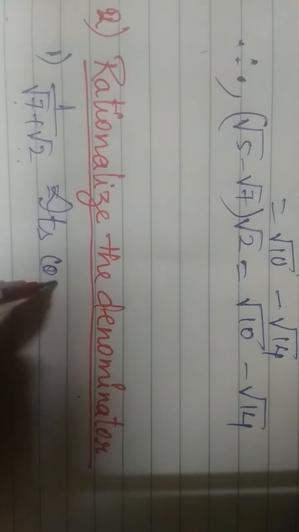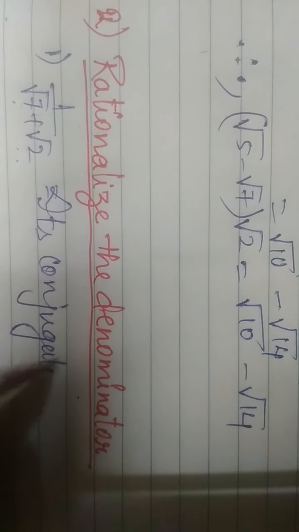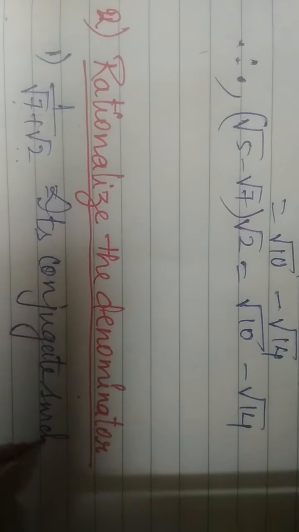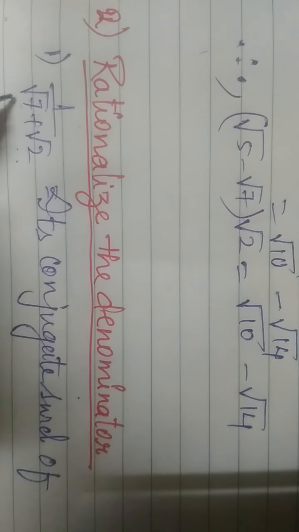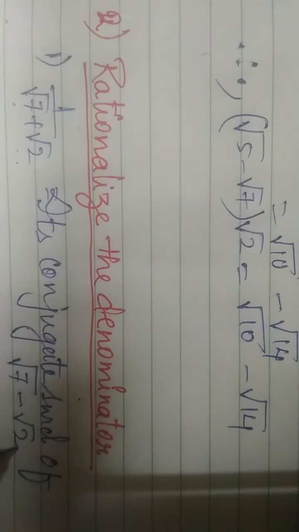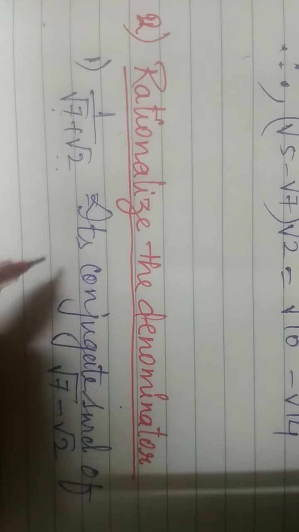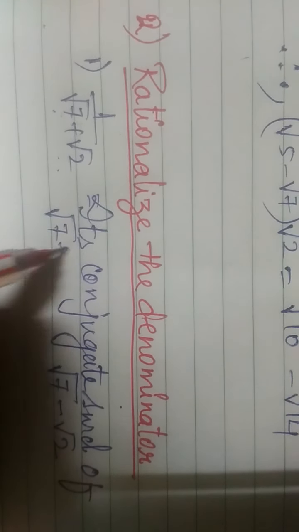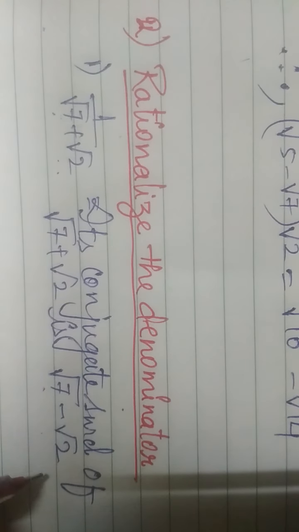Its conjugate surd we have already discussed. Since it is given as root 7 plus root 2, its conjugate surd will be root 7 minus root 2.